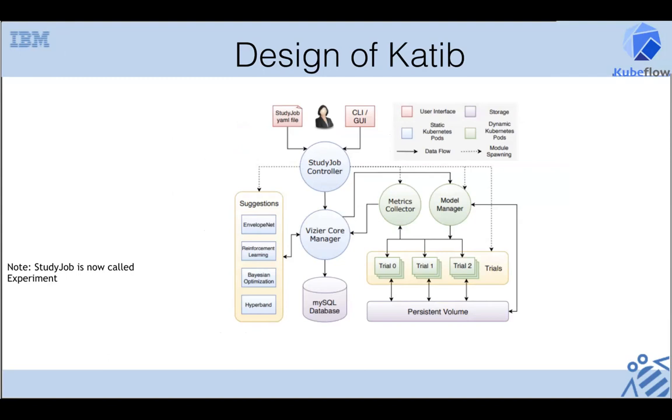Once the user creates a study job, a CR custom resource, by the way, right now it's called experiment, the KDIP controller will create a trial controller and a suggestion controller that work together to achieve the hyperparameter tuning for user machine learning models.